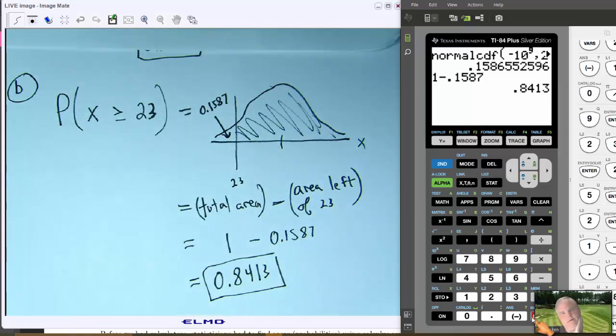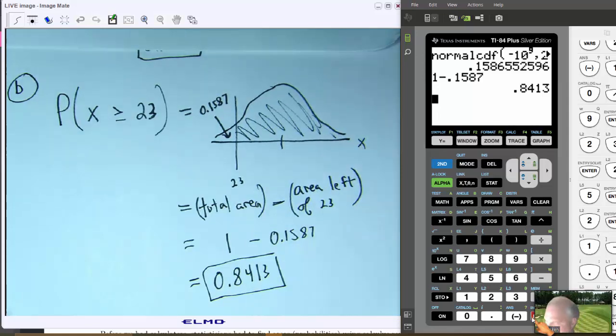So we just use the fact that total area is 1, right? We know the area to the left of 23 is 0.1587. So to get the area to the right of that, which is what question B is asking us, we just subtract that number from 1.